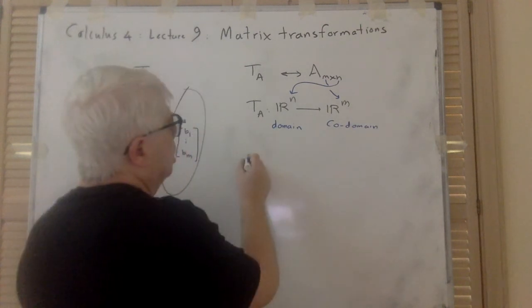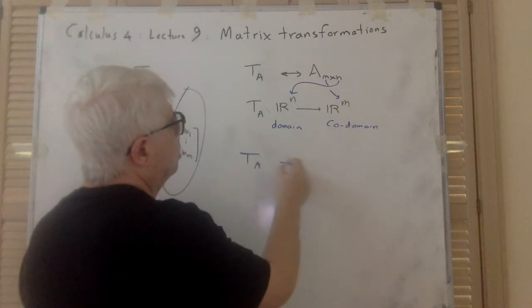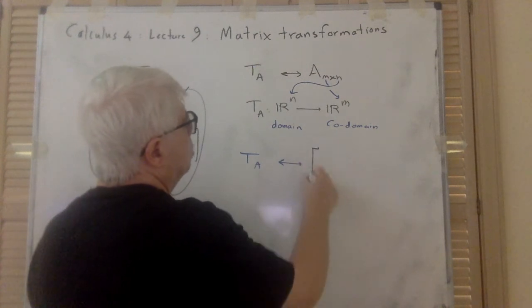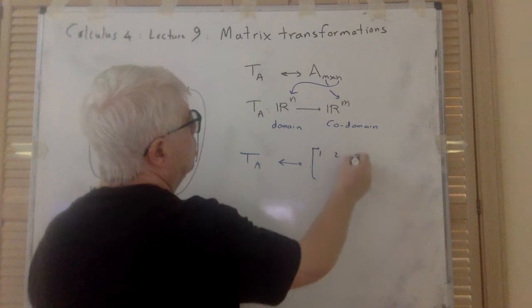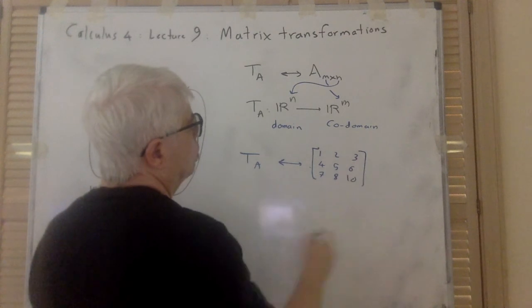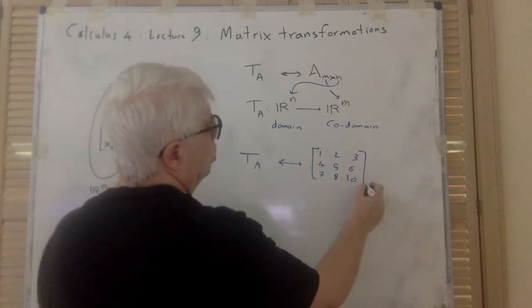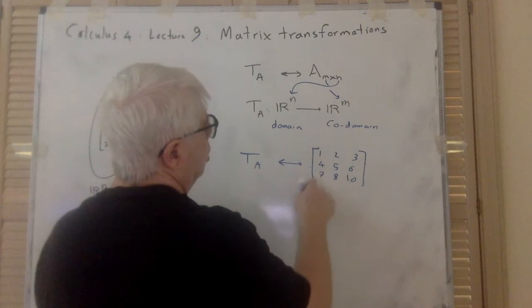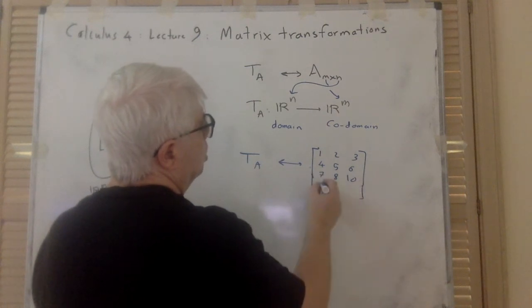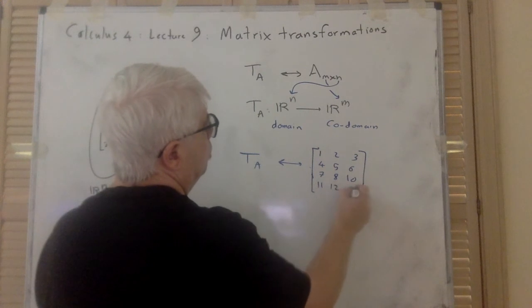So take TA corresponding to, for example, this matrix 1, 2, 3, 4, 5, 6, 7, 8, 10. Remember the 7, 8, 9 was a very nice vector. Well, let me add another row so it's not 3 by 3. Let's add 10, 11, 12, 15, say.